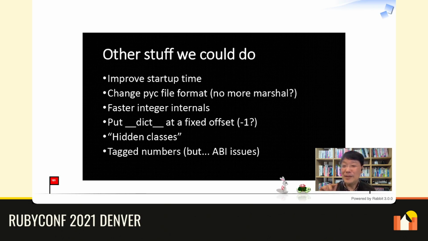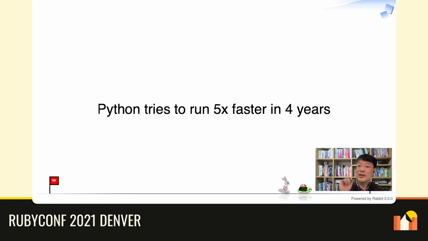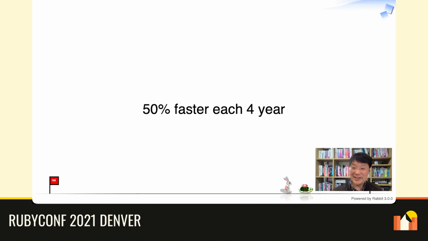And then they have a lot of things to improve. So Python tries to run 5 times faster in 4 years. That means 50% faster each year for 4 years.